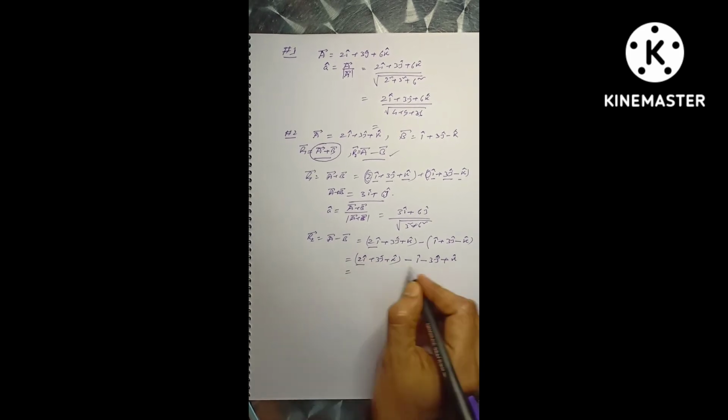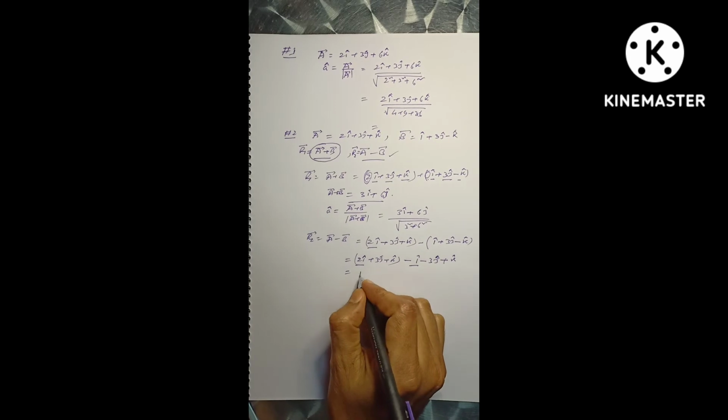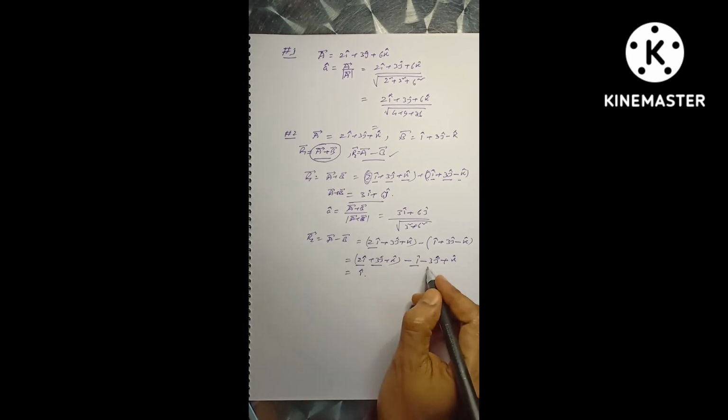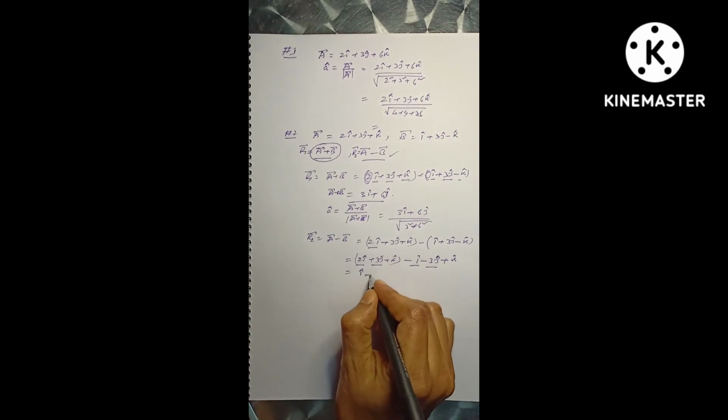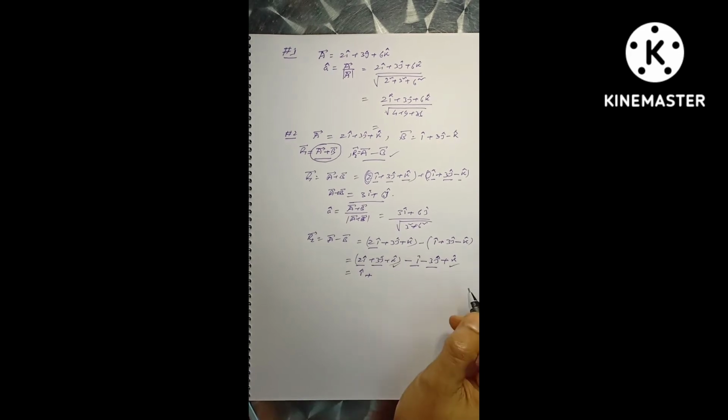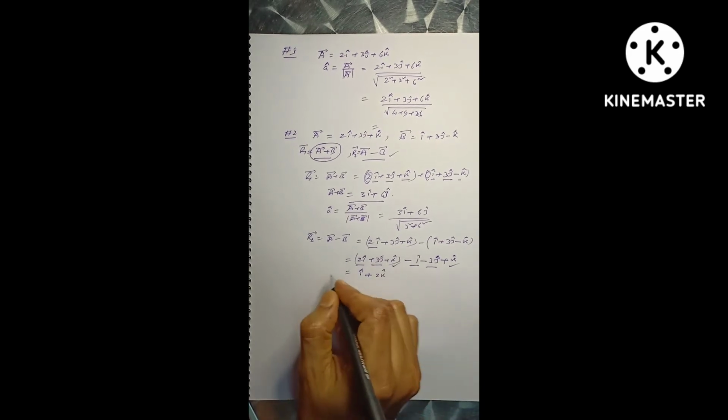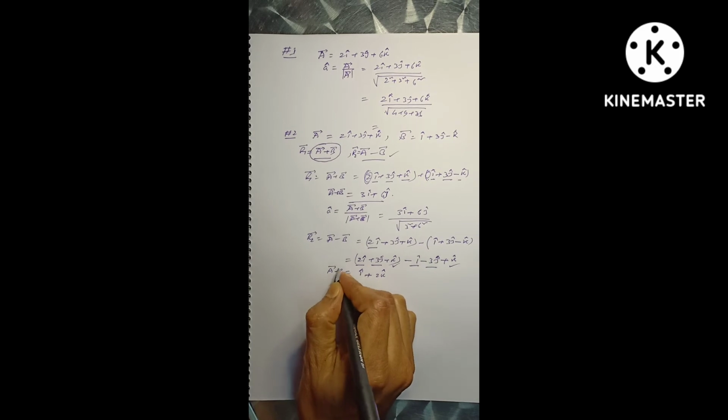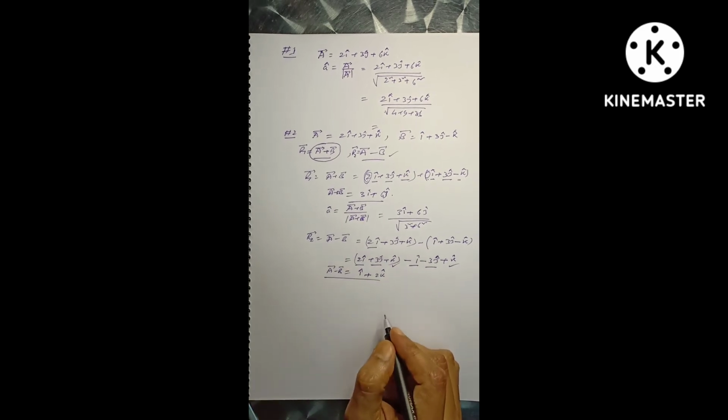So 2i cap minus i cap is i cap, and 3j cap minus 3j cap is 0, plus k cap plus k cap is 2k cap. So this is a vector minus b vector.